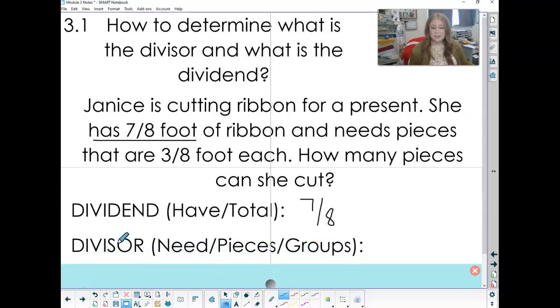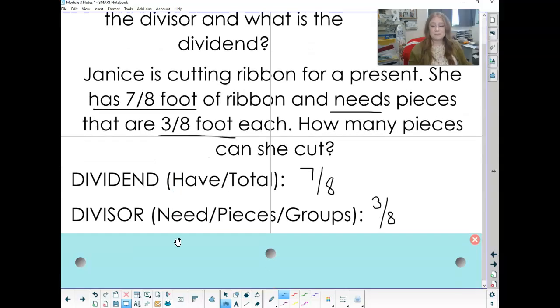And the divisor, what do they need? What are the pieces? What are the groups they're trying to put it in? They need pieces that are 3/8. So you can see these keywords here helping us locate these. Make sure you have underlined our keywords that are helping us locate our dividend and our divisor.